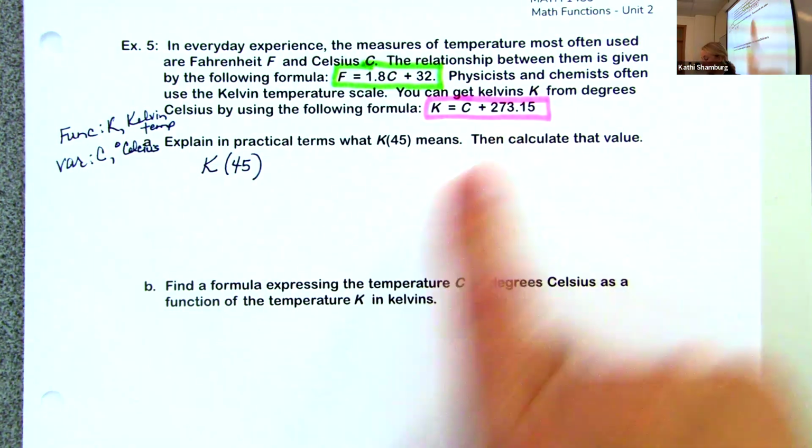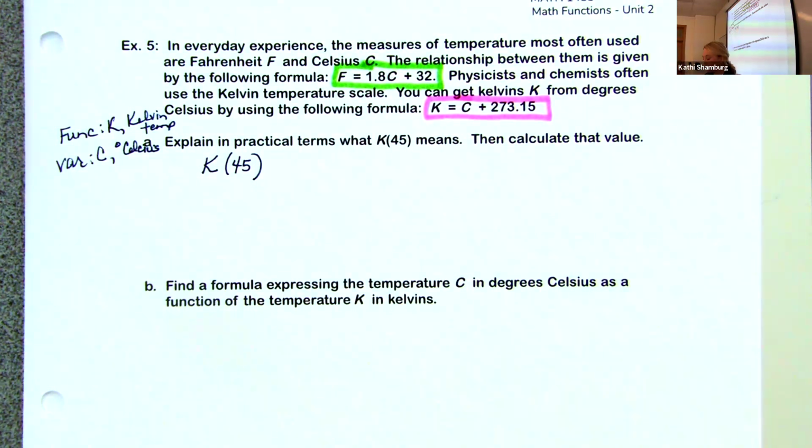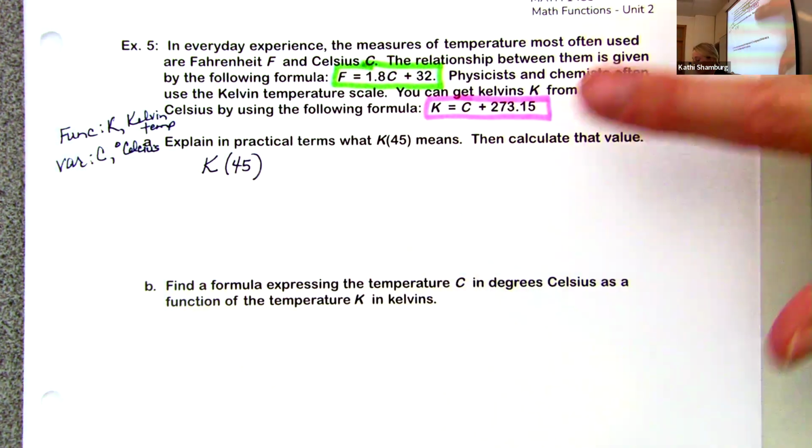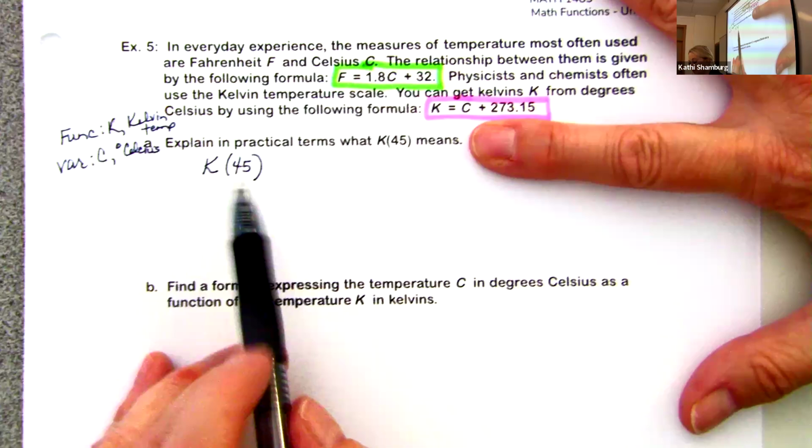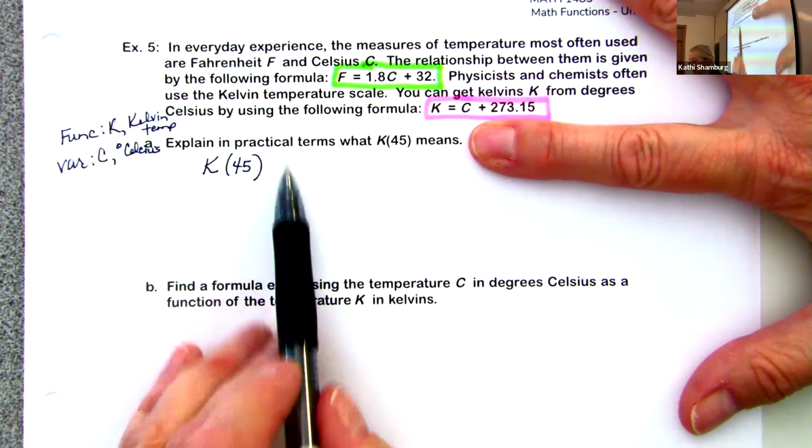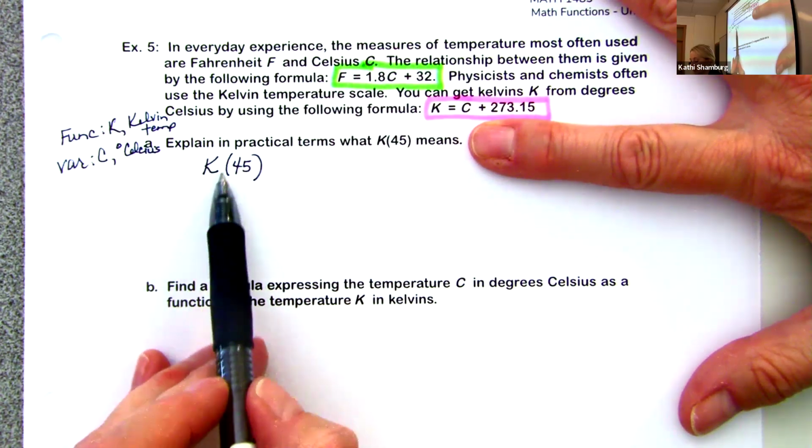All right, so now that's going to help me explain in practical terms. It hadn't asked me to calculate it, so all I have to do is explain this in practical terms. So how do you explain the K?